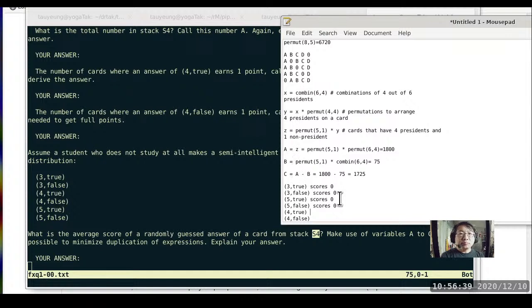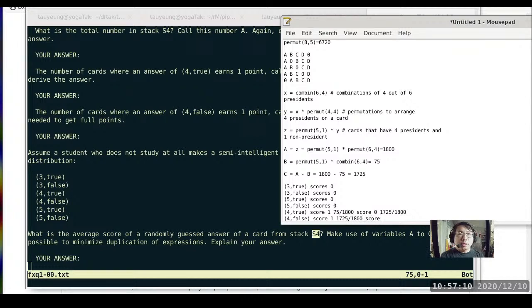So 4 true would score 1, 75 times out of 1800, and it would score 0 the rest of the time. So that would be 1725 divided by 1800. And a 4 false would score a 1 the majority of the time, because most of the cards have the presidents in the wrong order.